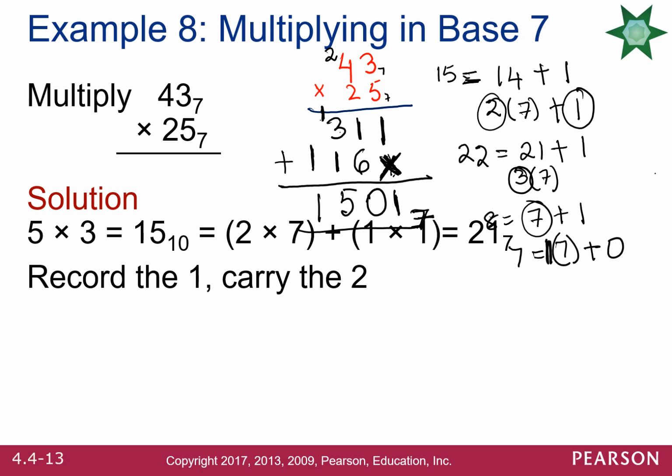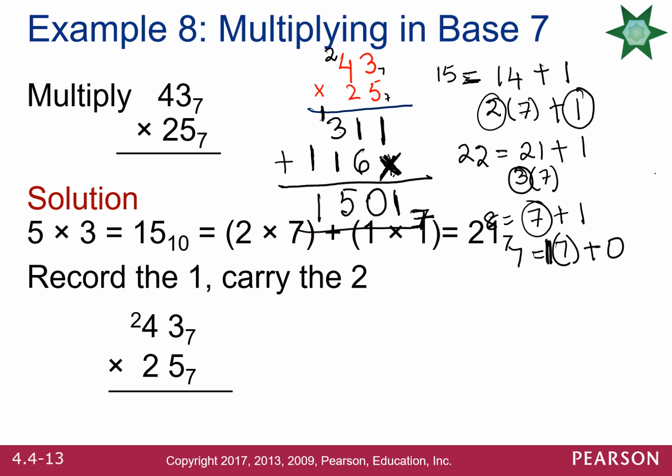Record the 1, carry the 2, and that's exactly what we did here. We recorded the 1 and we carried the 2. They do the subsequent steps in the next slide. But remember the final result we got was 1501.